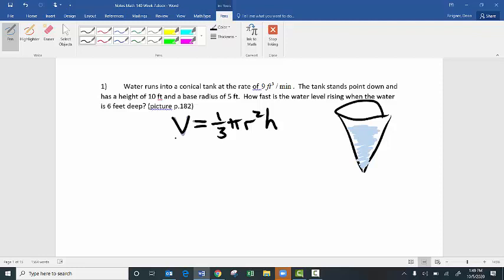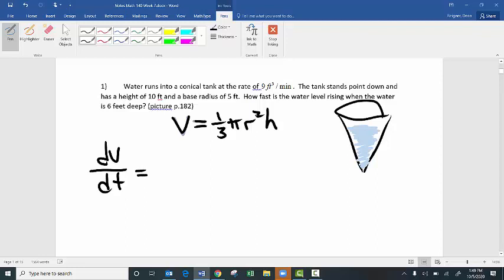So the derivative of v is dv dt. So instead of saying v prime, say dv dt. Now what this dv dt is, it's the rate that the volume of water is changing. So we're going to put the 9 in a minute in there, okay?